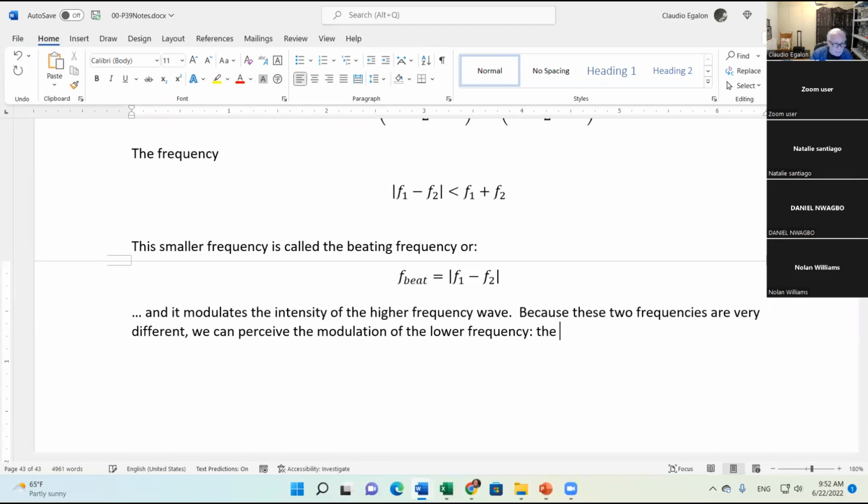By the way, the smaller the beat frequency, the easier we can perceive it.